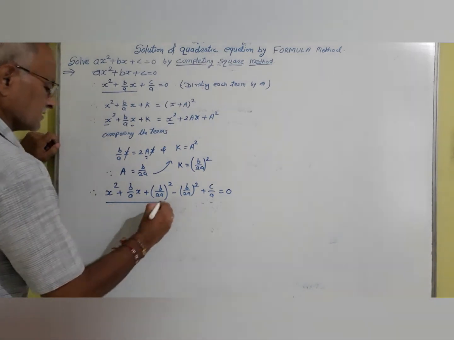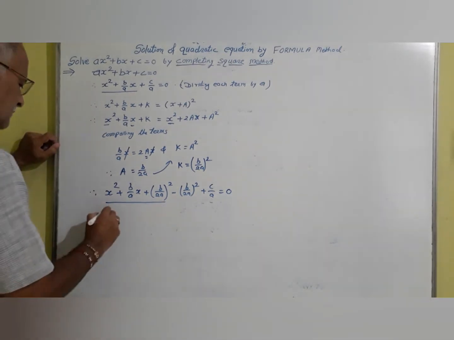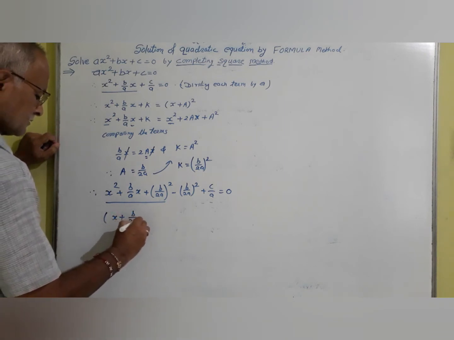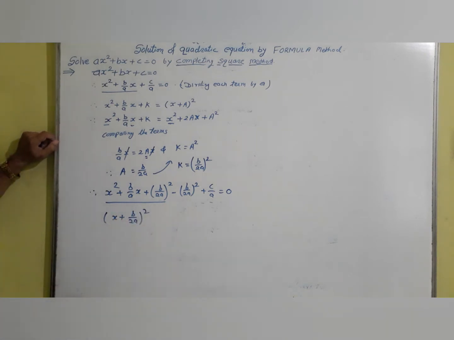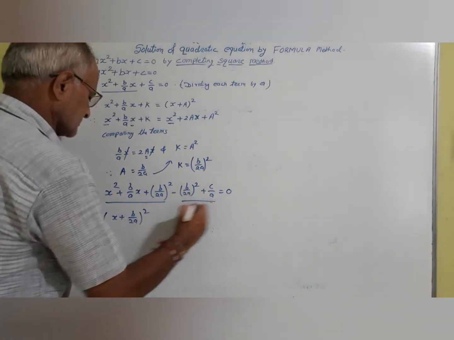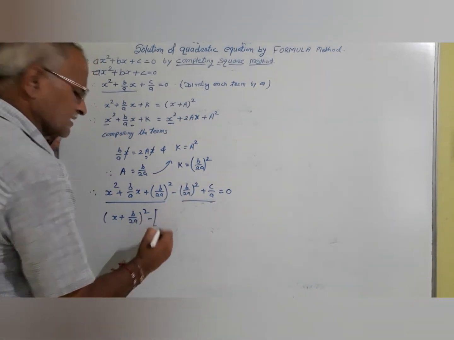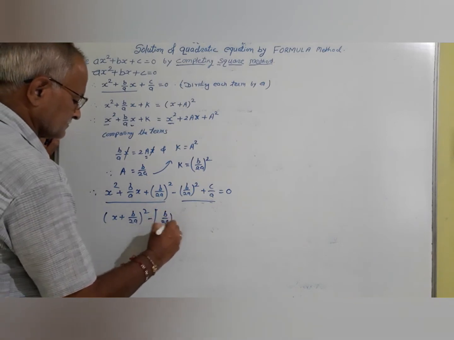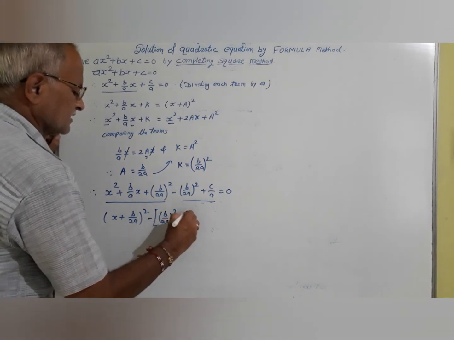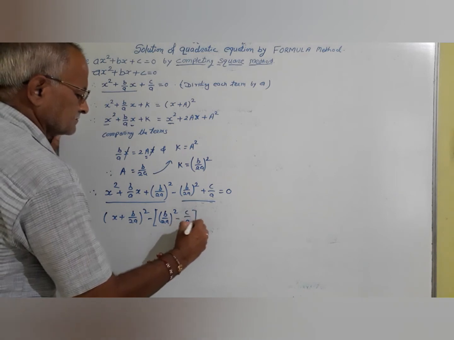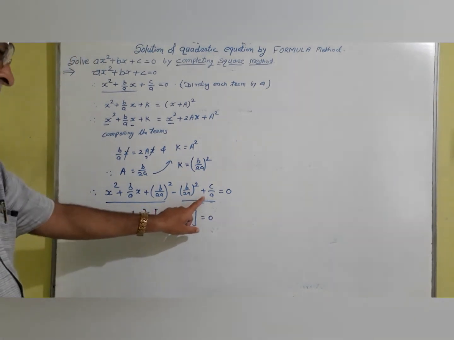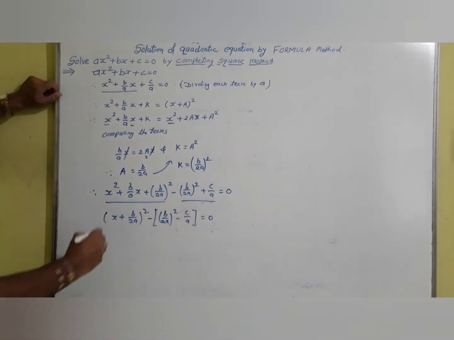Now these three terms are the perfect square of x plus b upon 2a whole square. Now from the next two terms, minus sign is taken as common in bracket. b upon 2a whole square minus c upon a is equal to 0. Minus sign is taken as common, therefore in place of plus we write minus.